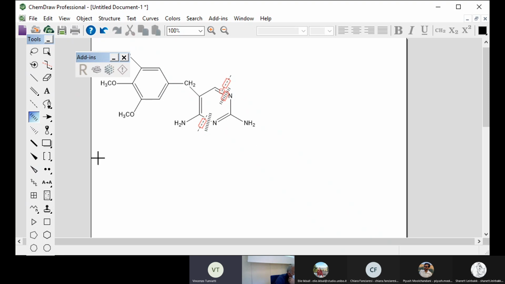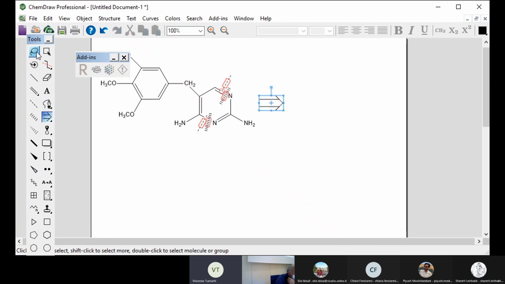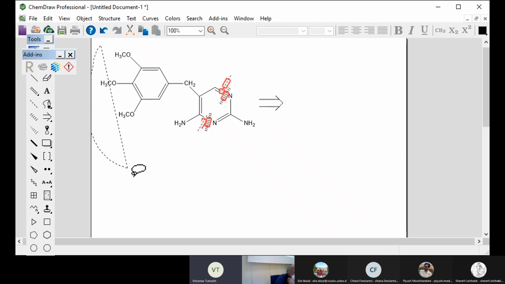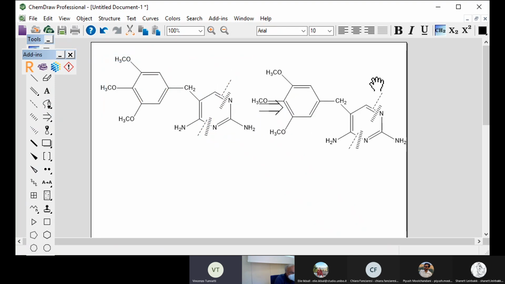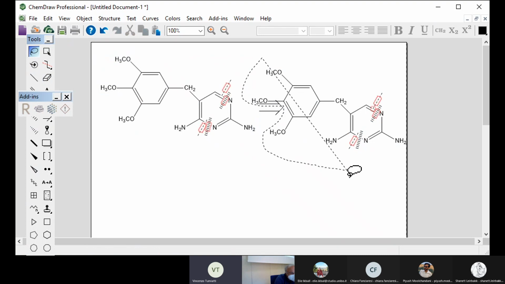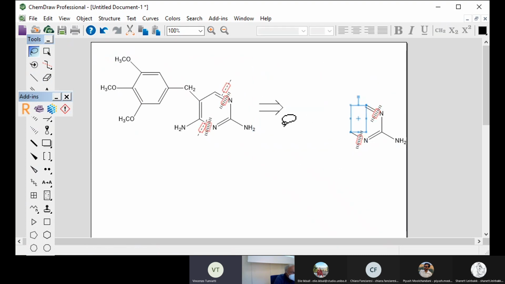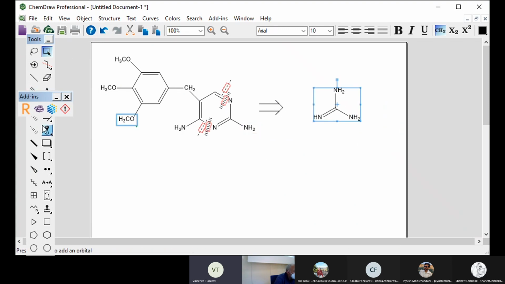And if you see, by applying retrosynthesis, this residue remains, called guanidine.